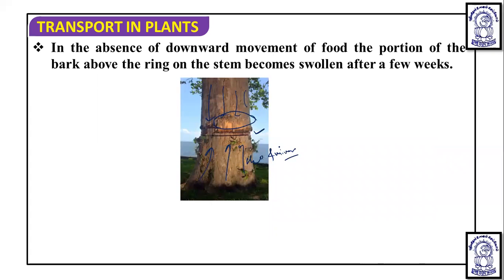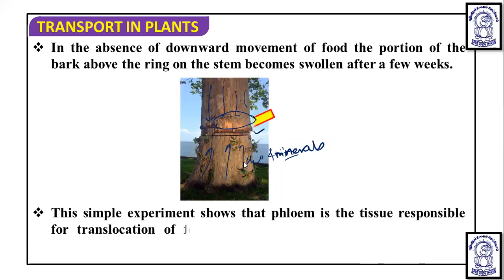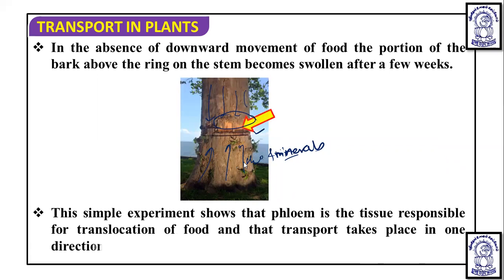Okay. So what will happen? The upper regions are healthy, but the lower regions, the root region, is not getting food, so it goes on dying day by day. This simple experiment shows that the phloem is the tissue responsible for the translocation of food, and that transport takes place in one direction towards the root through the phloem.